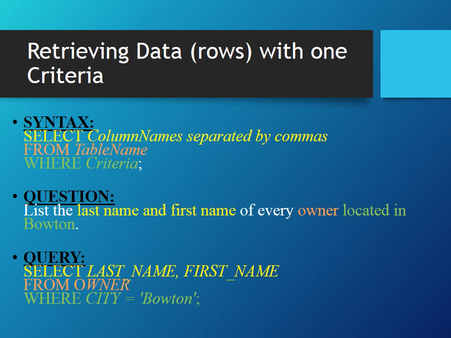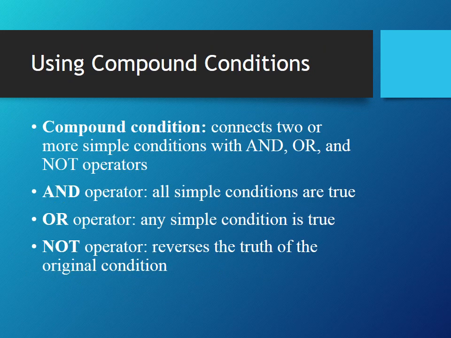On to an example with more than one criteria which requires the use of compound conditions. Compound conditions connect two or more simple conditions with and or not operators. The and operator means all simple conditions are true. The or operator means any simple condition is true.